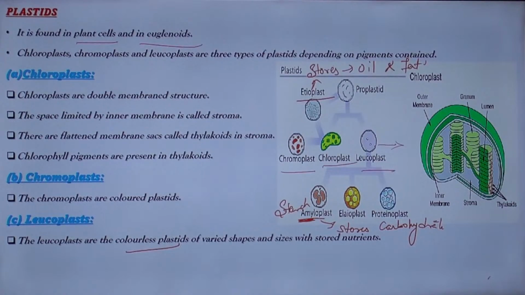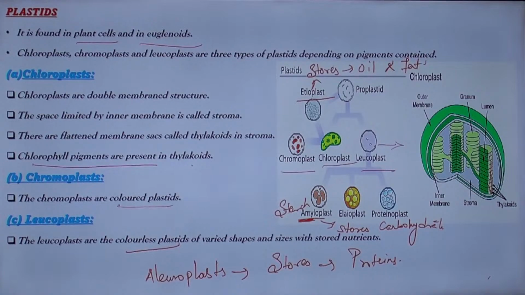That is amyloplast. Then aleuroplast stores proteins. So chloroplast gives chlorophyll pigment to the thylakoids. Chromoplast is a colored plastid.